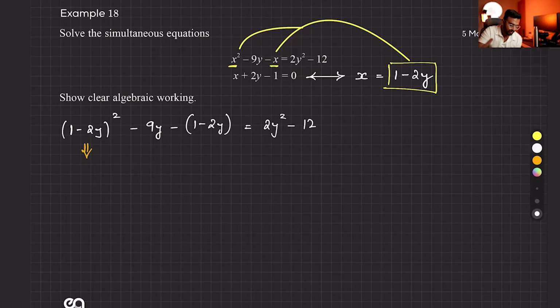Cool. Now, if you want to expand this, guys, you will take that 1, square it. So I'm getting 1. And then you will take that 1 and minus 2y, multiply them. So 1 times minus 2y is minus 2y, multiplied by 2 once again. That's going to be minus 4y. And then you will square this one, which will be plus 4y squared.